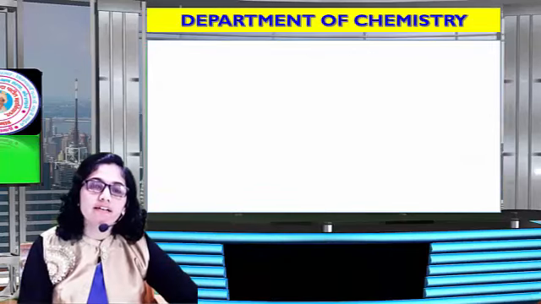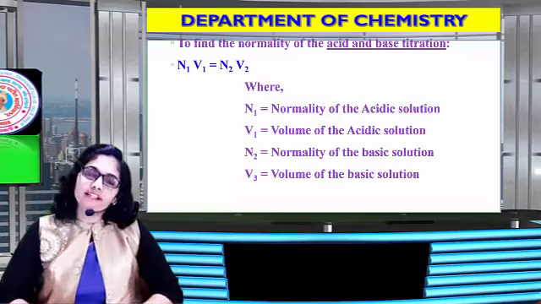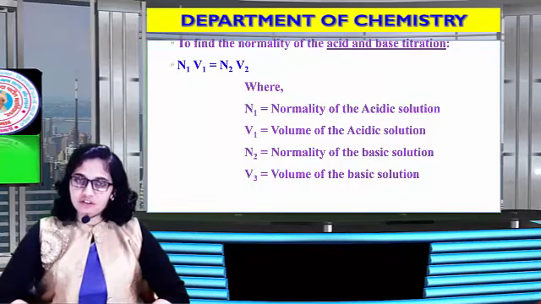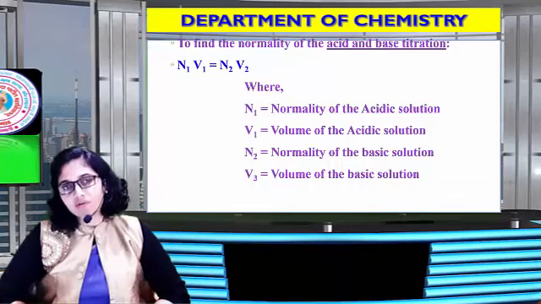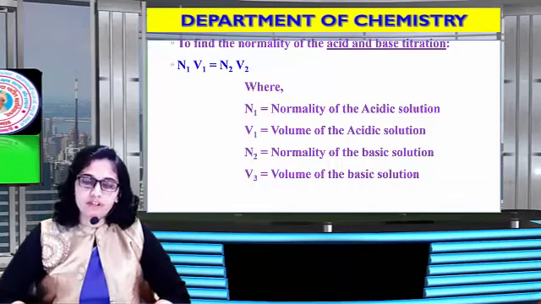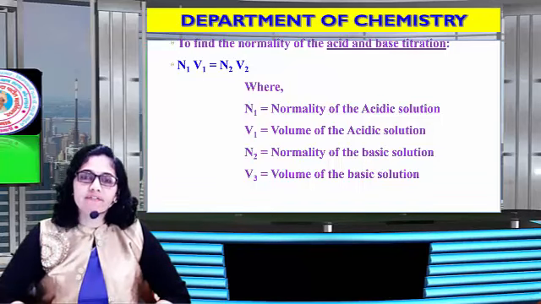Now let's see the calculation of normality in titrations, because in our laboratory there are a number of experiments related to titration, and we need to find unknown concentrations in the form of normality during titration.